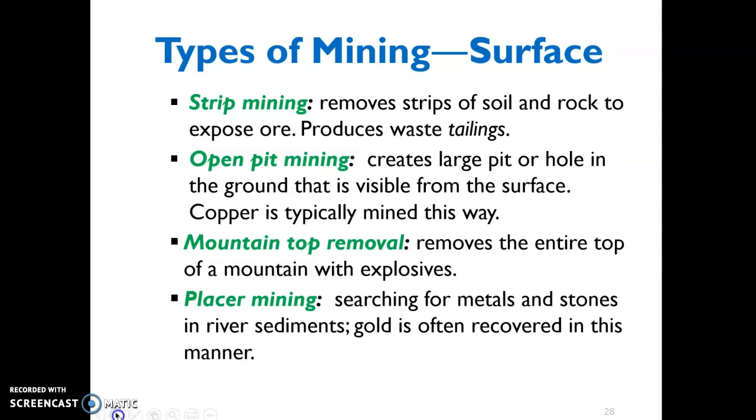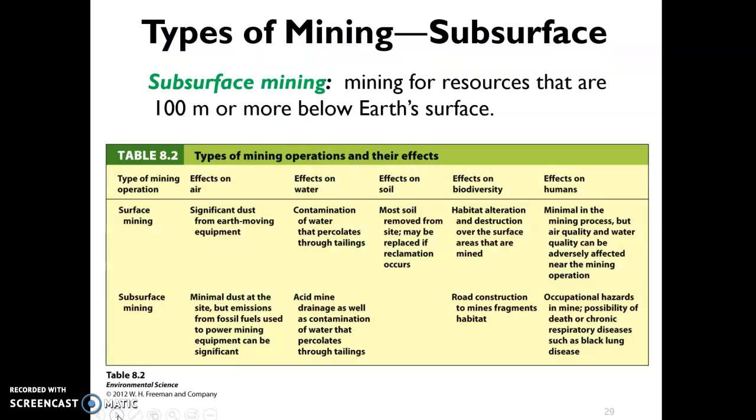Okay, on this slide we are going to look at the types of mining. We're going to talk about subsurface mining and then compare surface mining to subsurface mining. So when you have subsurface mining, it's typically done for coal. So you have a shaft built into the side of a mountain horizontally, and then a shaft dug down vertically into the mountain.